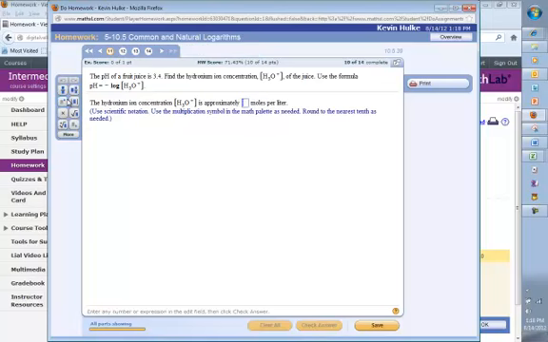Okay, number 11. Now it would be 10 to the negative, remember, you have to change the sign, 3.4 is 3.98. We want to round that to the nearest tenth, so that would be 4.0 times 10 to the negative 4th.